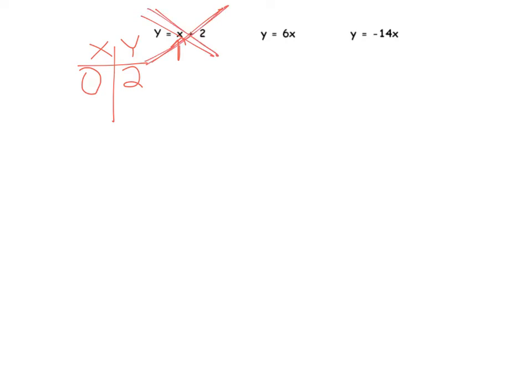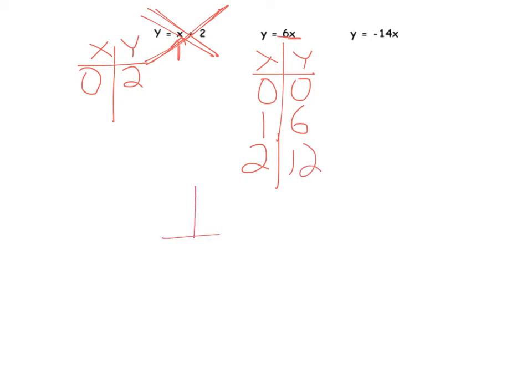What about this one? If I put in 0 for x, I do get 0 for y. If I plug in 1 for x, I get 6 for y. If I plug in 2 for x, 2 times 6 is 12, and so on and so on. So 1/6 equals 2/12.